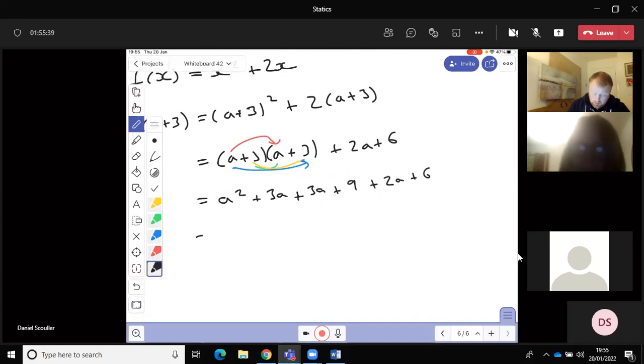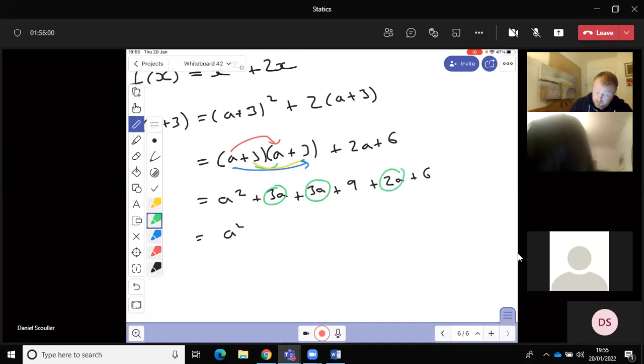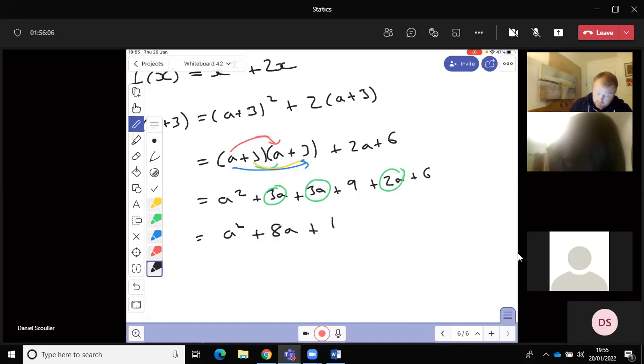Remember, a like term has to be the same power. So an a squared can't go with an a, and a whole number can't go with an a squared type thing. So there's only one a squared. There's one 3a, another 3a, and there's a 2a, so that's 8 a's. And then plus 15.